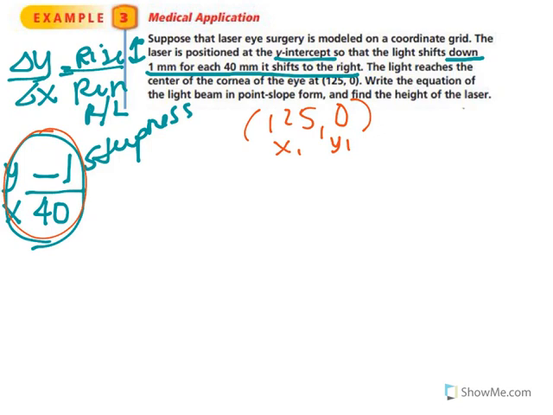Now, what they want is an equation in point slope form. So we know point slope is y minus y1 is equal to your slope times x minus your x1 value. So I'm going to plug in my slope and my point.